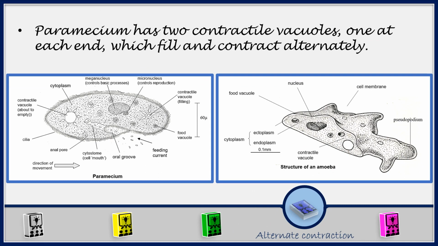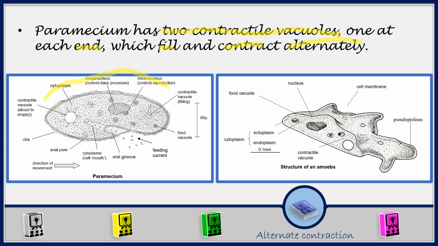The paramecium has two contractile vacuoles, one at each end, and they fill and contract alternately.